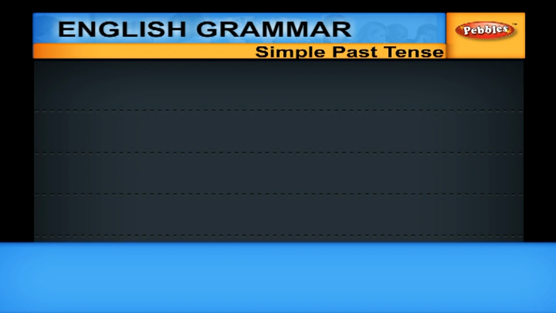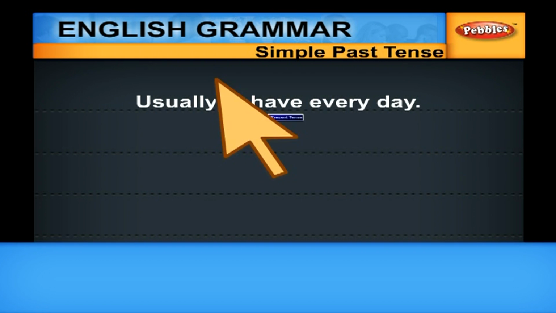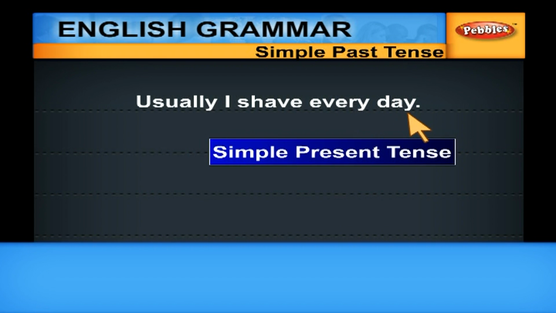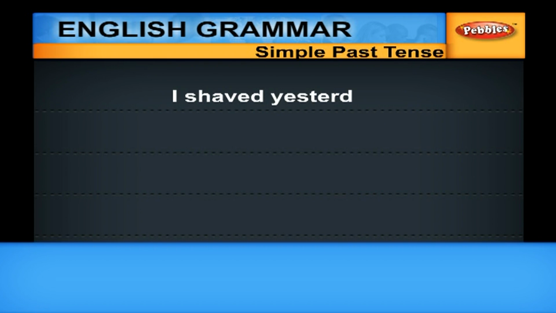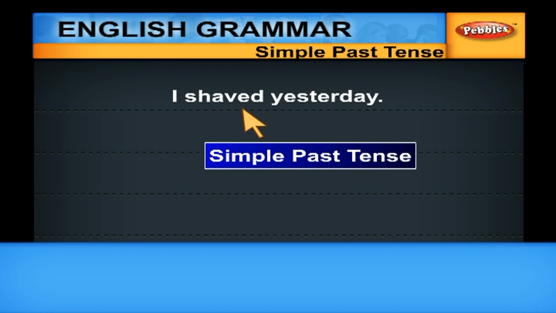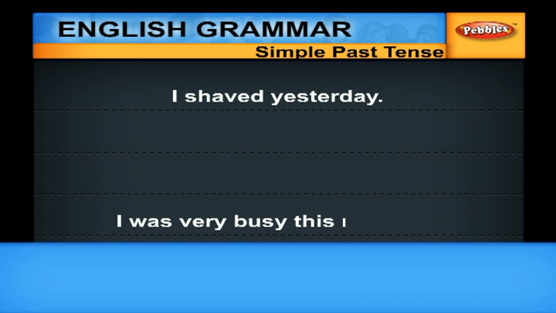Now, look at these sentences. Observe the main verb and the helping verbs if there are any, and identify what tense it is. Usually, I shave every day. It is in simple present tense. I shaved yesterday. This is in simple past tense. I was very busy this morning.